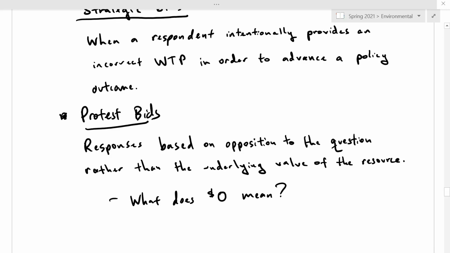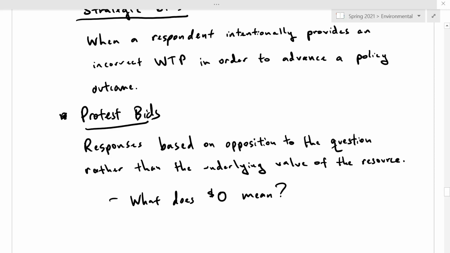And unless you do some specific questioning and details within the survey to understand the demographics and the thought processes of the people responding, then you could get some 0s in there that mean vastly different things.